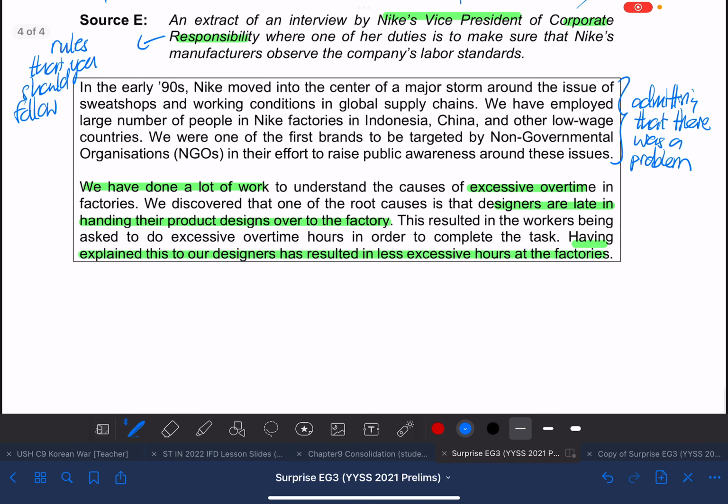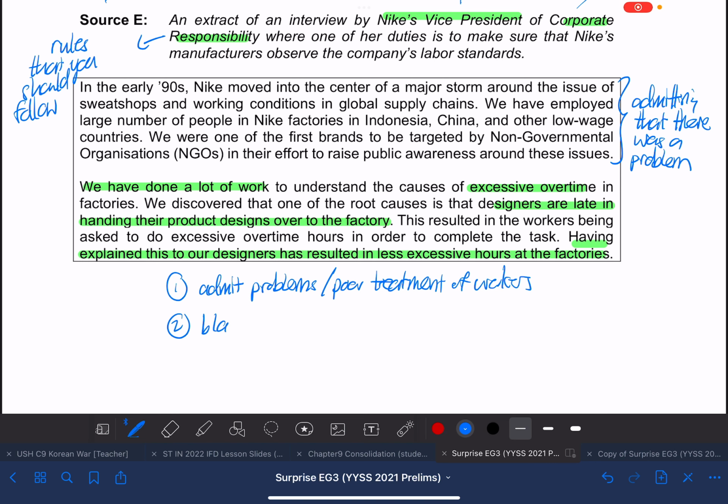So, what are some things that we see here? The first thing we see in this source is, yes, they admit problems or poor treatment of workers. Okay. Next, we also see the vice president blaming the problems, the main root cause, on these fashion designers.